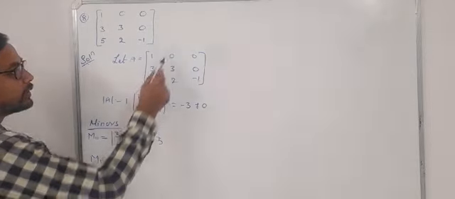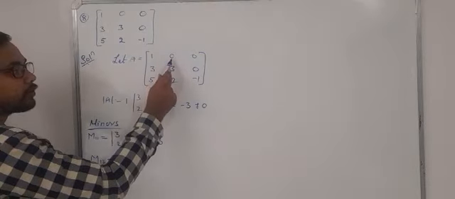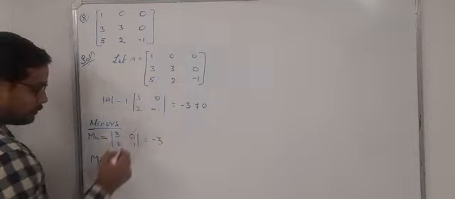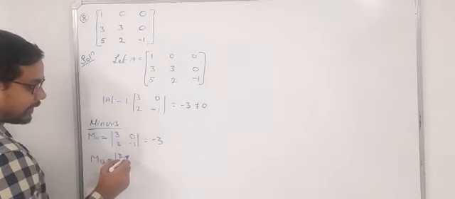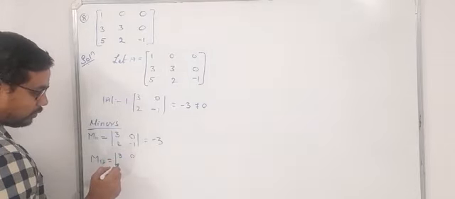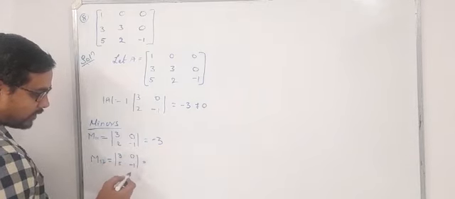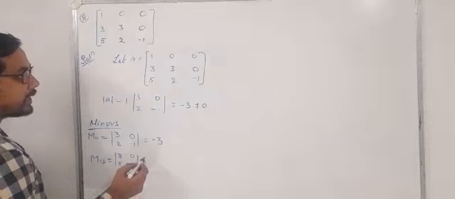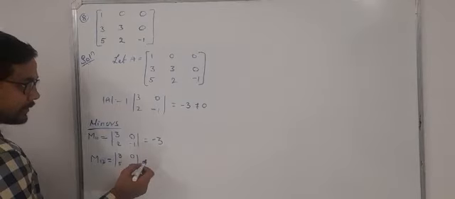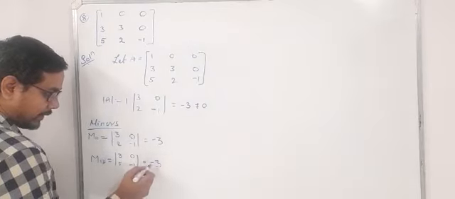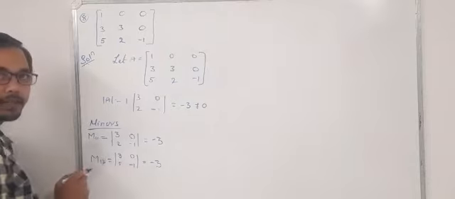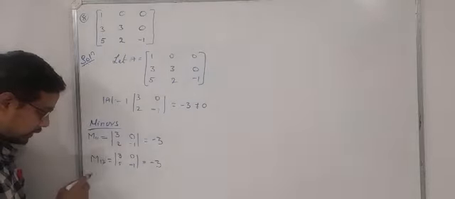M12 is the minor of this one, leaving this row and this column. What do you get? 3 0, 5 minus 1. So 3 into minus 1 is once again minus 3, and the other will be 0, leave it. So this was M12.